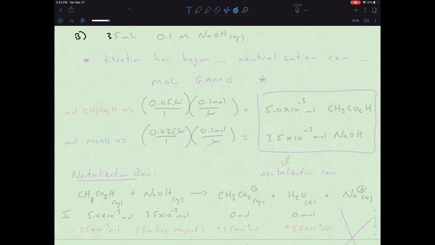Part B, now we've added 35 milliliters of the 0.1 molar sodium hydroxide. So basically you say now, the titration has begun.